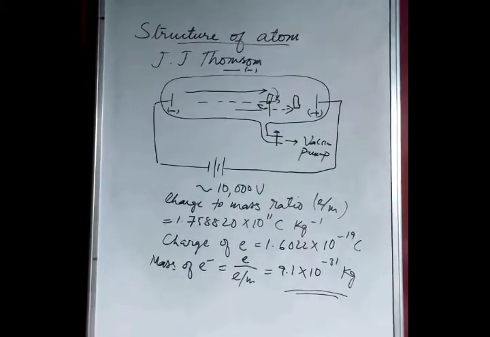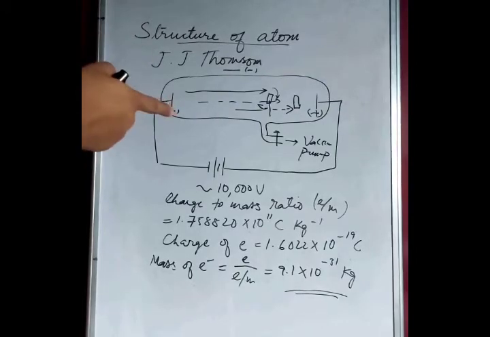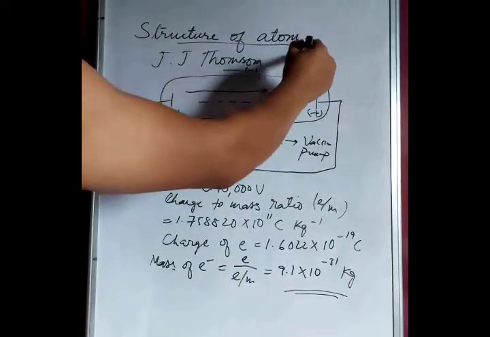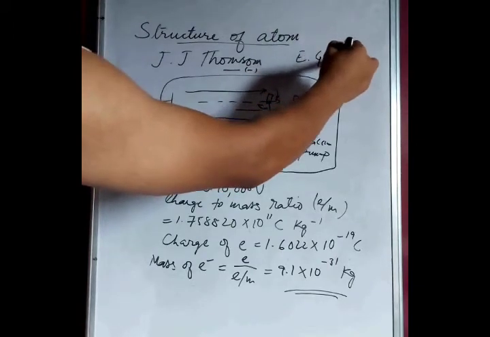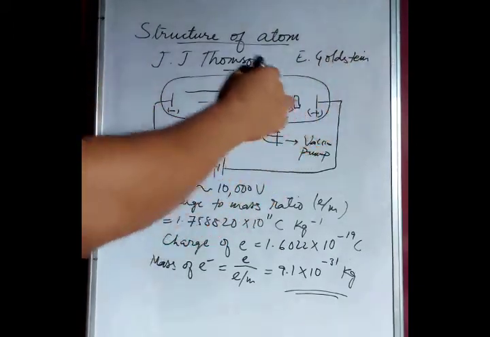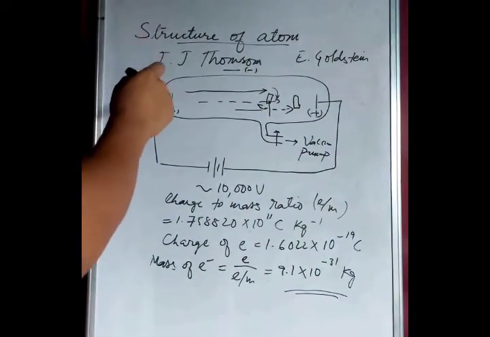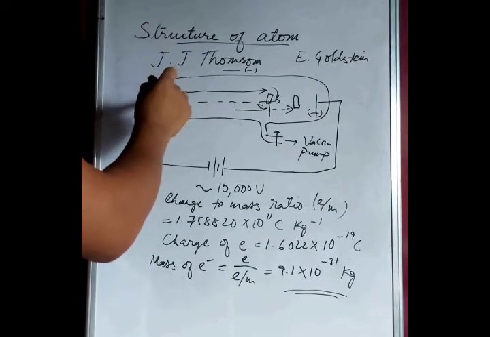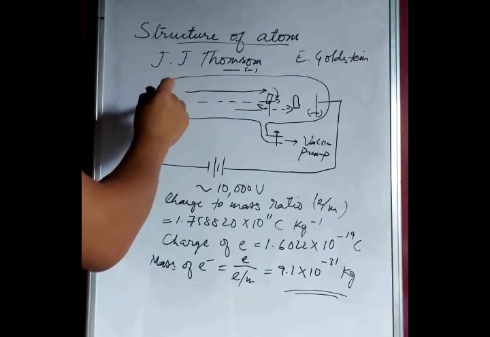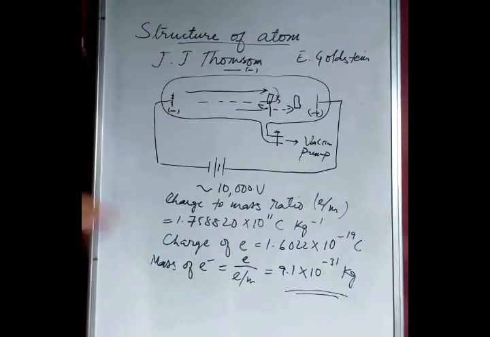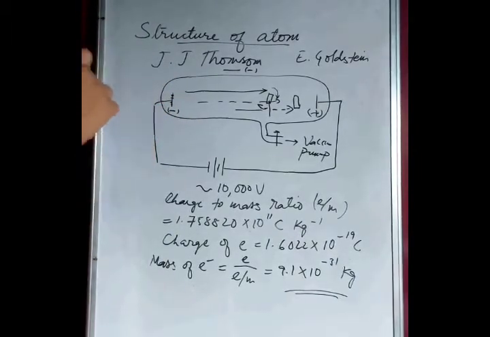Now, Goldstein, in 1886, after Thomson's discovery of the cathode rays, that means the negatively charged particles, used the same setup, the same experiment, but the only difference was that he made holes in the cathode terminal.